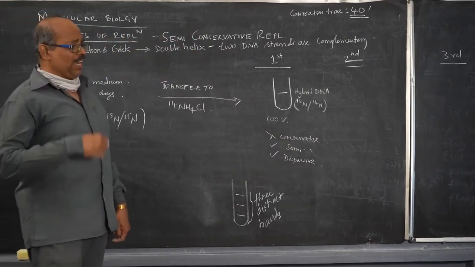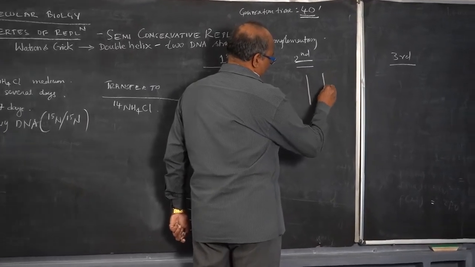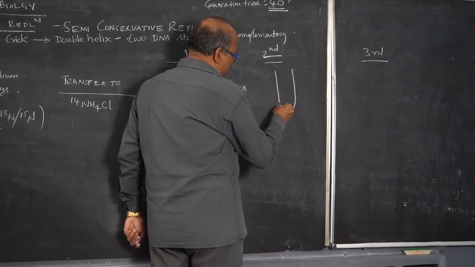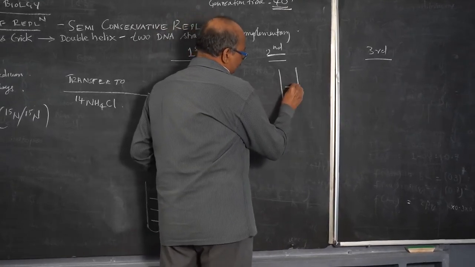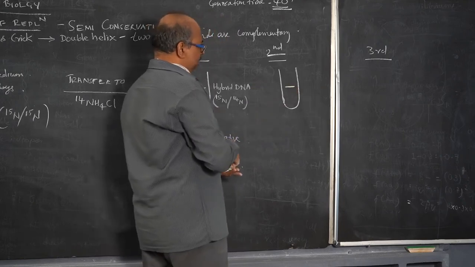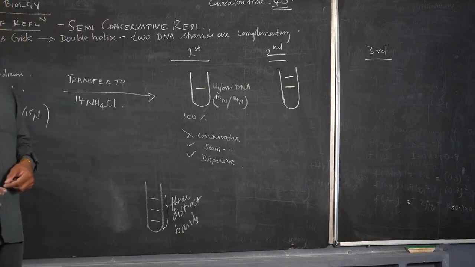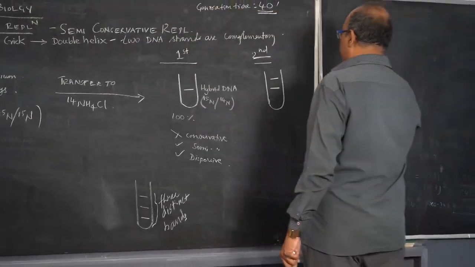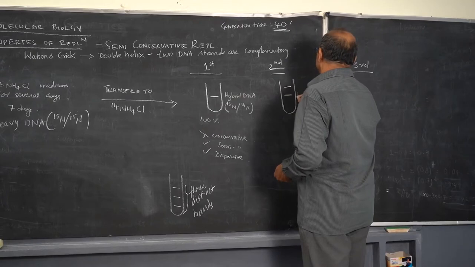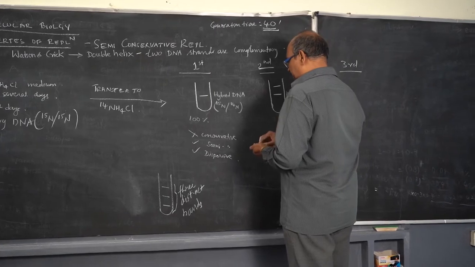When we continued the experiments, in the second generation, what they found is, in addition to the hybrid DNA band, they also got a lighter DNA band. So now we are getting 2 different bands. We are not getting anything called heavy, but we are getting a hybrid DNA band and the lighter DNA band.